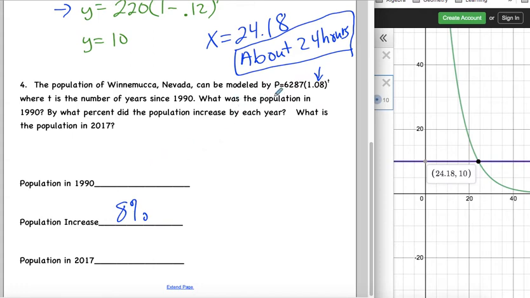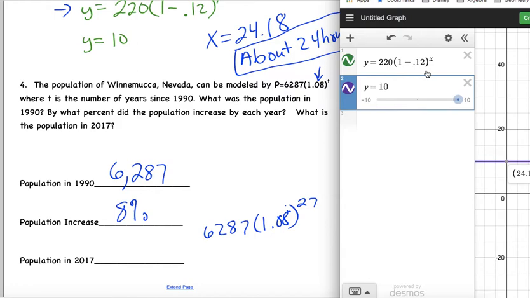The population in 1990, that's the initial value there. So it's that 6,287 that they started with. And to get the population in 2017, I'm going to do this equation, 6,287 times 1.08. From 1990 to 2017, that's 27 years. So that power will be 27.